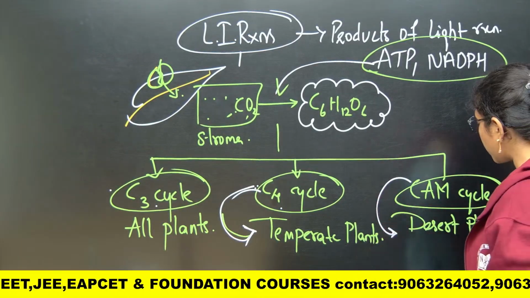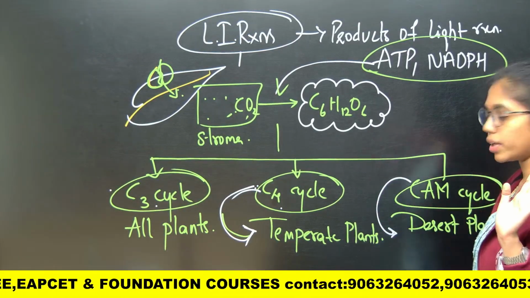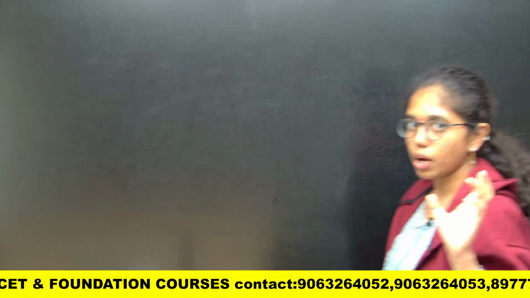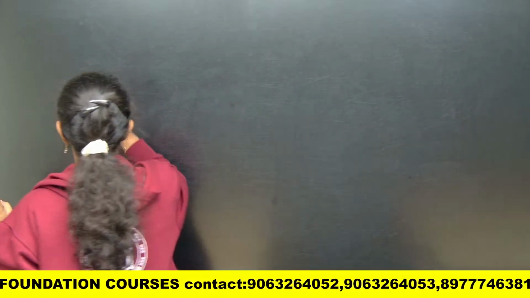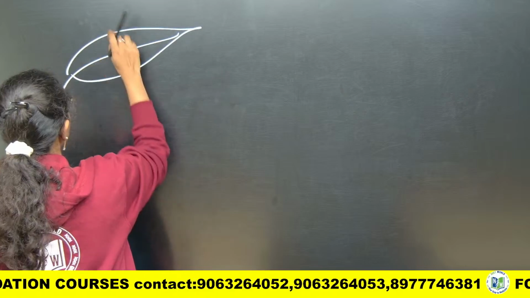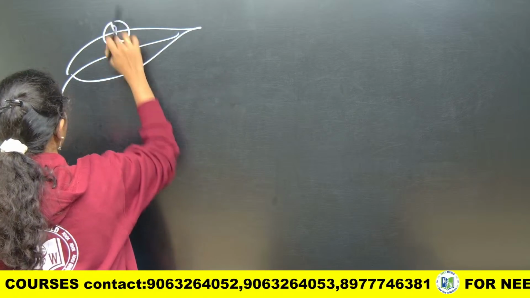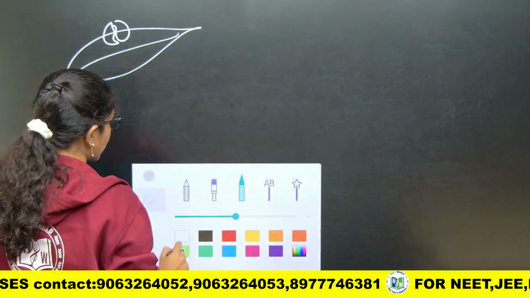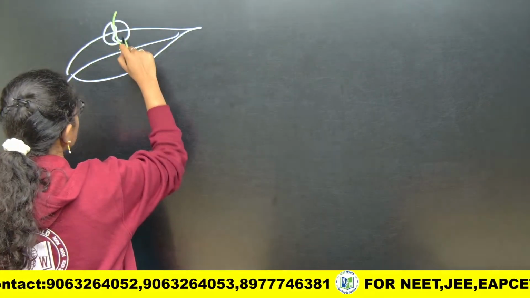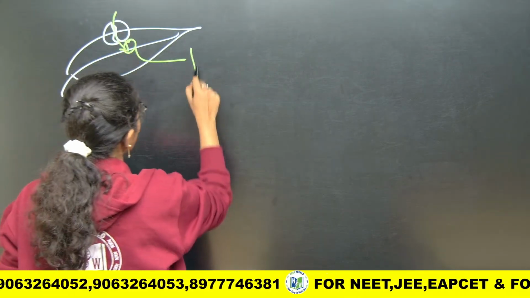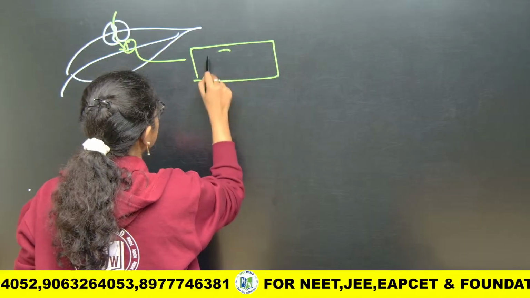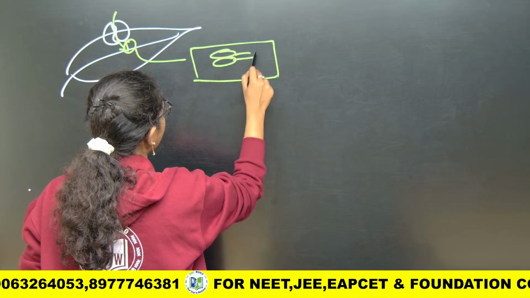So now let us look into the C3 cycle only today. I will tell you the gist of the C3 cycle. Let's suppose this is a leaf, and here carbon dioxide has entered into the mesophyll cells. Inside the mesophyll cells we know chloroplast is present, and the carbon dioxide will enter the stroma, not the thylakoid region.